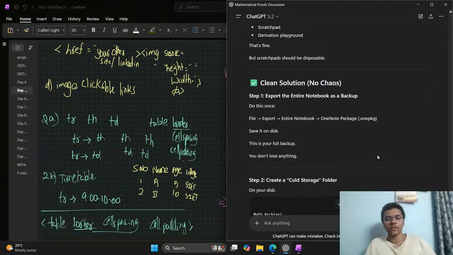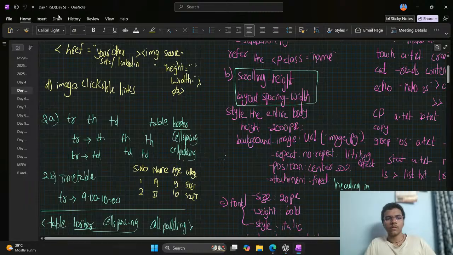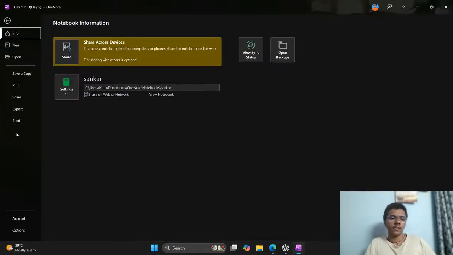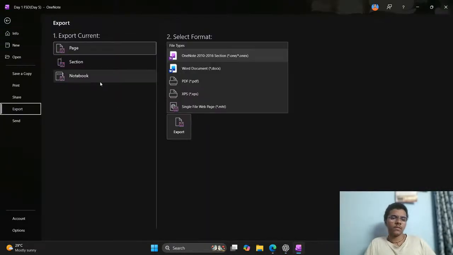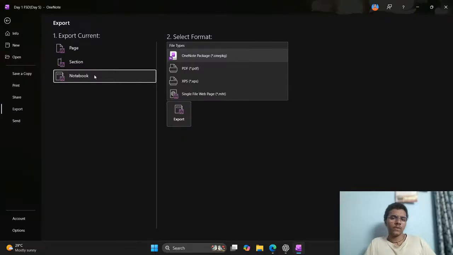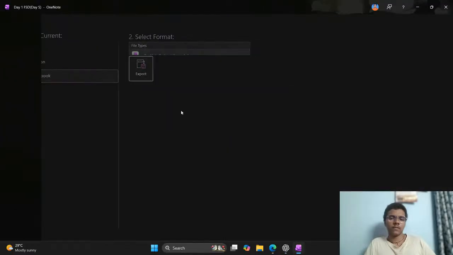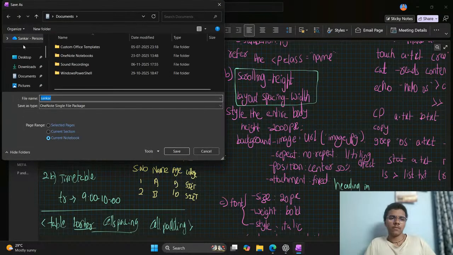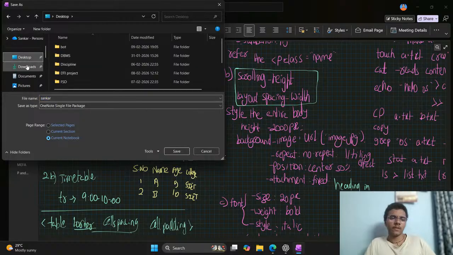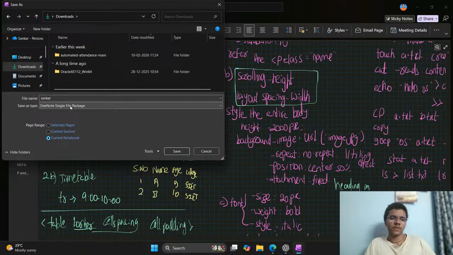Export file, export entire notebook. File, export notebook. Nice. One package. Wow, I'm not sure this goes like this.